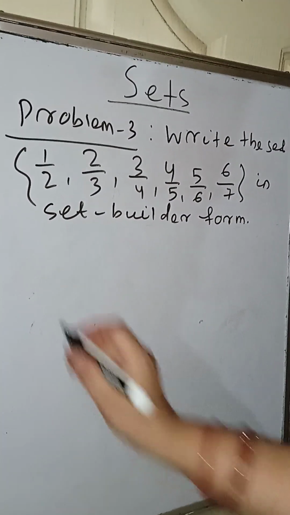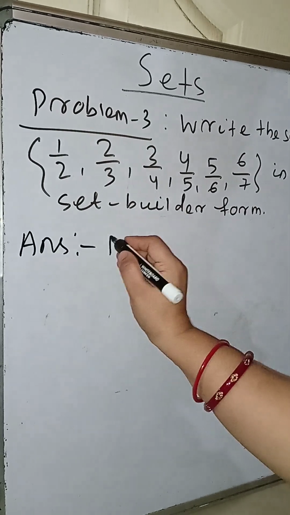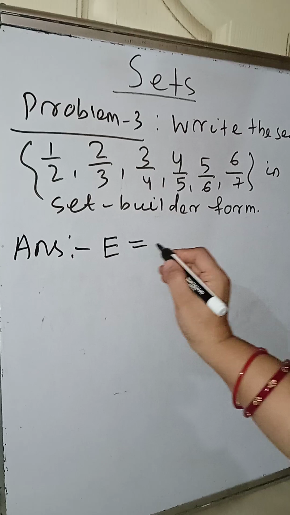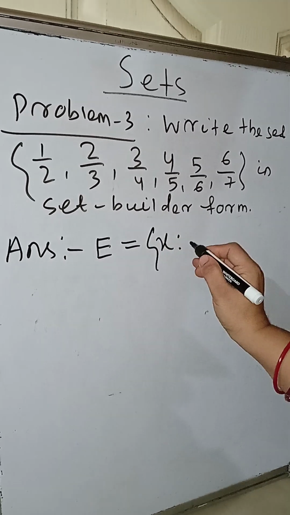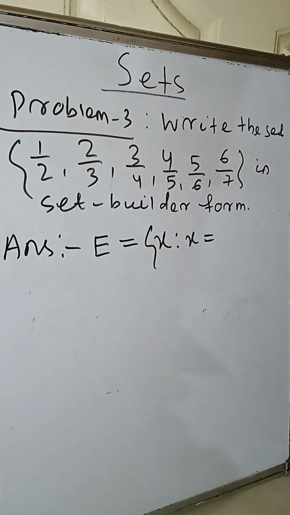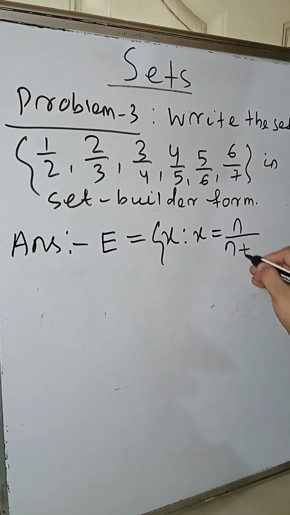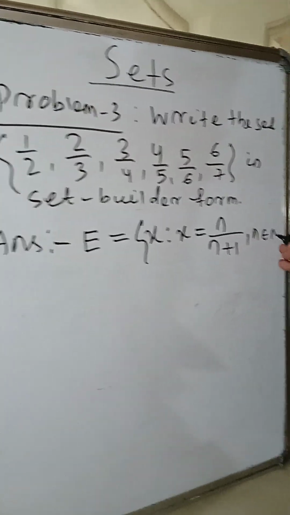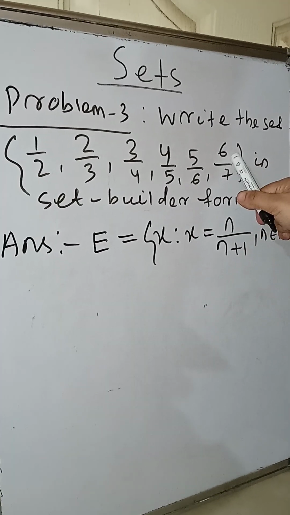Let us give a name to this set. Answer: suppose set E. So set E, we can write as the collection of all x such that x equals, in which form? All the rational numbers are in the form n by n plus 1. What is n? n is a natural number. Up to what will you continue? Your n is the last number.